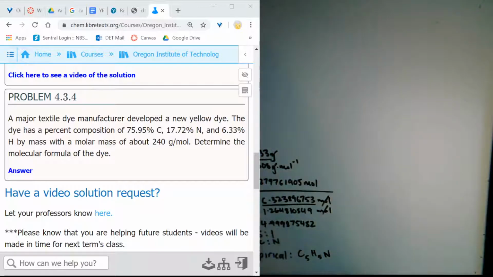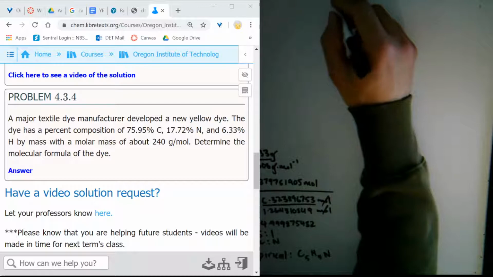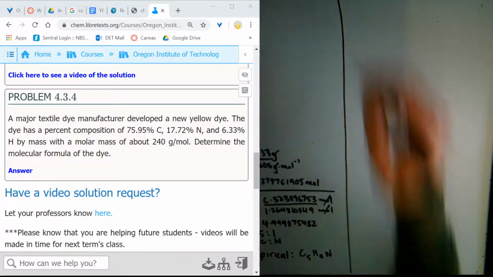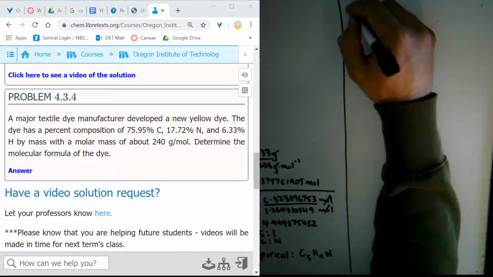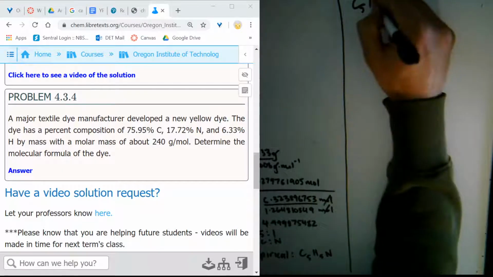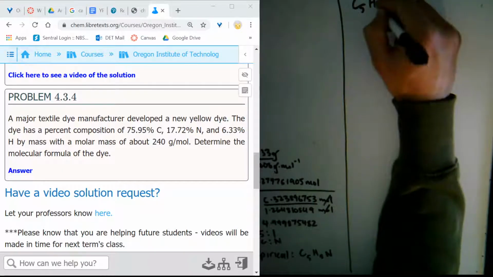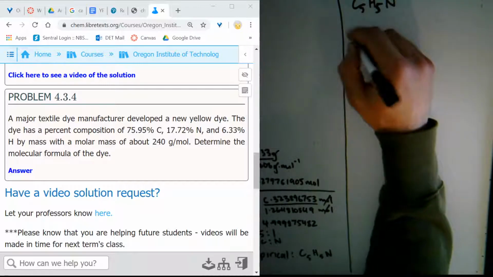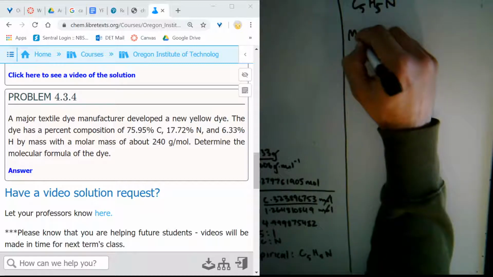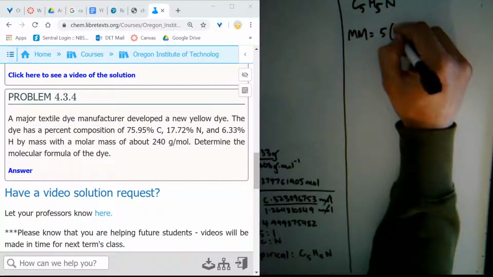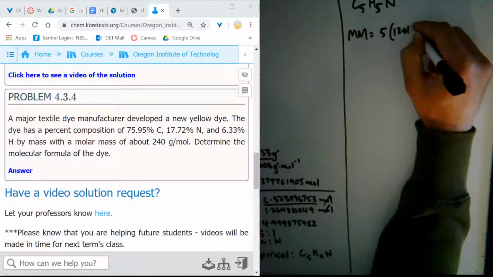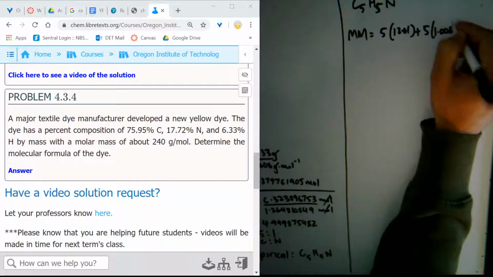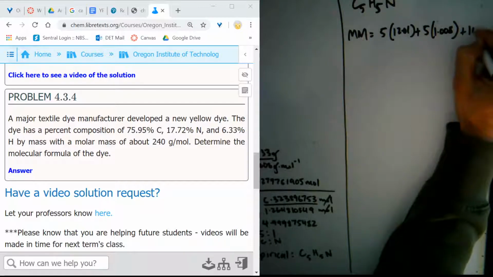What we need to do now is work out what the mass of that would be. So the molar mass of C5H5N, just like we did before to work out the molecular formula, we need 5 carbons. So the molar mass of this is equal to 5 times 12.01 plus 5 times 1.008 plus 14.01.